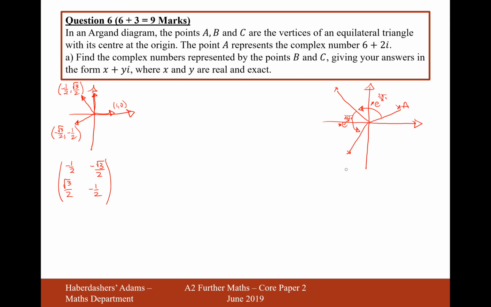In fact, it wouldn't matter actually if you did clockwise or anti-clockwise, it would just work out the different points in a different order. So then it's going to be of the coordinate 6, 2. So I'm transforming this coordinate 6, 2, and the multiplication answer here will be my first coordinate up here. We'll call that coordinate B. So let's go ahead and do this transformation. So it's going to be multiplied along and down.